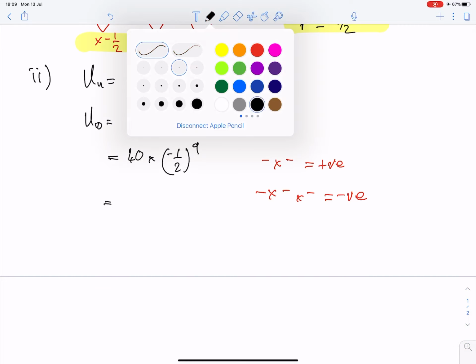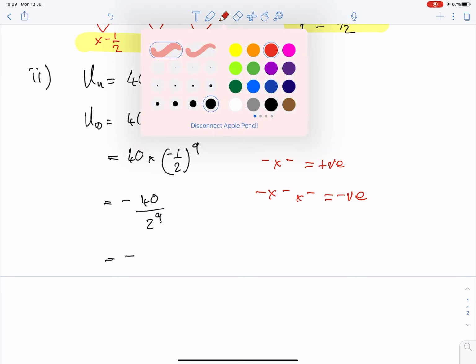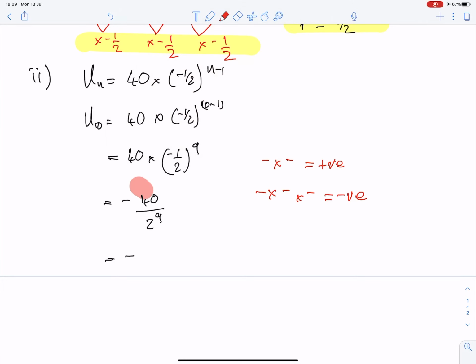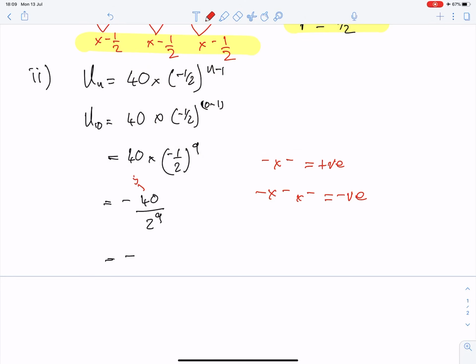So here we've got negative 40 over 2 to the power 9. Well, 40 divides by 8, so I'm going to think of this as 5 times 8, and then this is 2 to the 3, which is 8, times 2 to the 6.